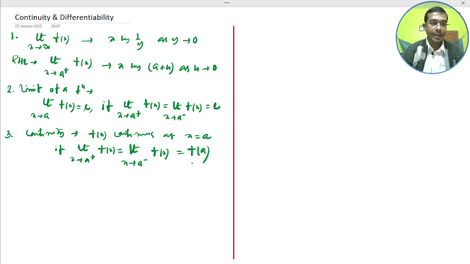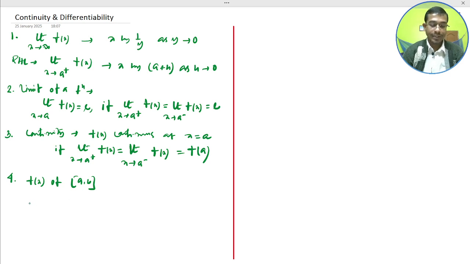Next, continuity in an interval. f(x) is defined on a closed interval [a, b]. This is the closed interval.